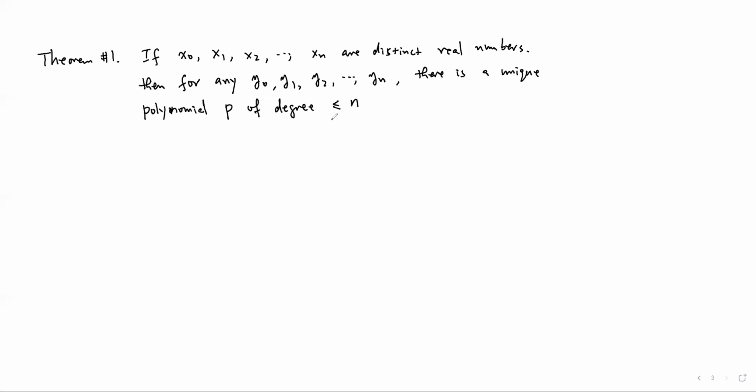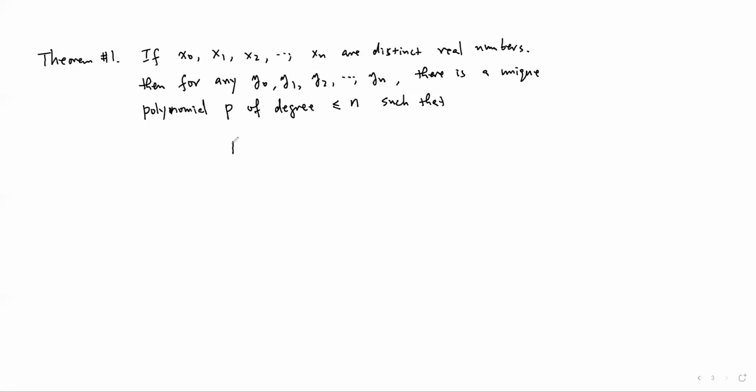The lowest degree of the interpolation polynomial is n. There is one and only one polynomial whose degree is not greater than n, such that the polynomial satisfies all the data points.